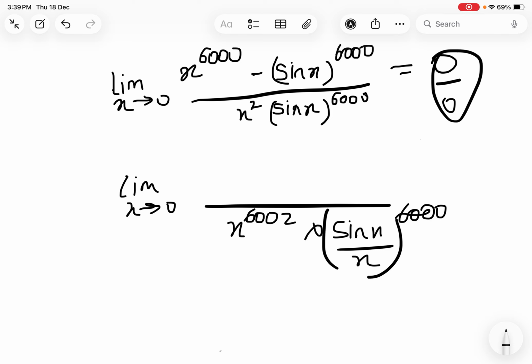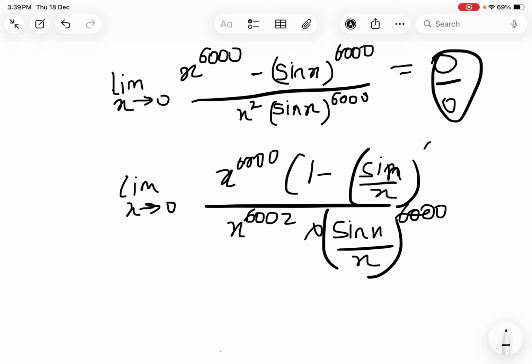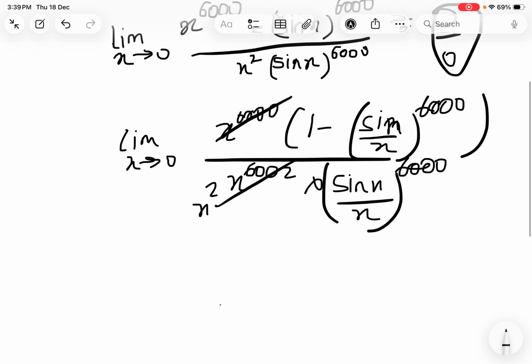And in the numerator also we can take out x raised to power 6000 common, so that will give us 1 minus sine x by x raised to power 6000, right? So we have this. Now we can see that x raised to power 6000 and x raised to power 6002 will cancel and we'll have x square in the denominator.